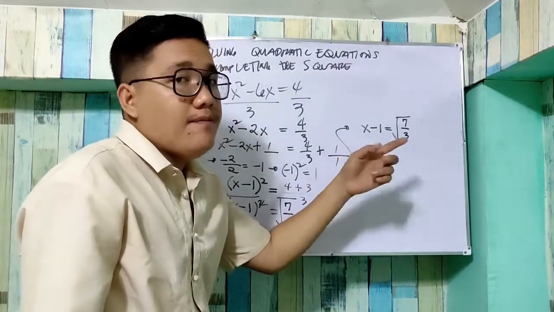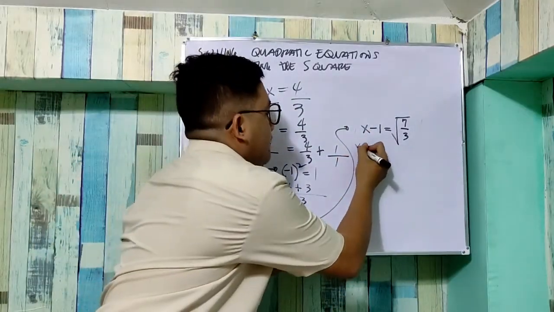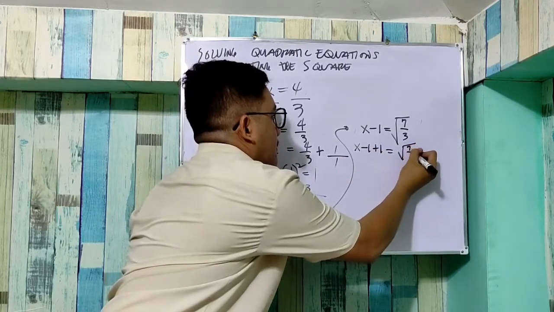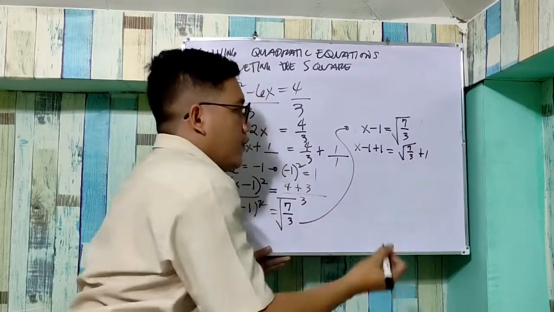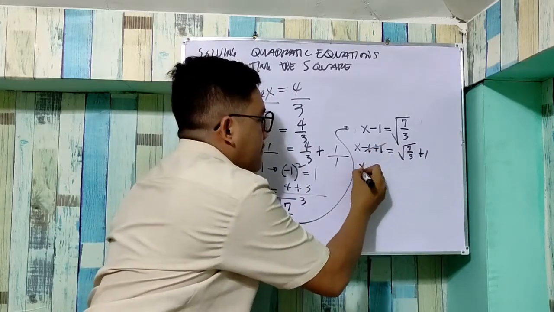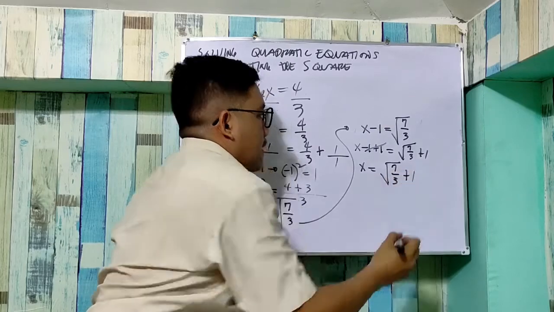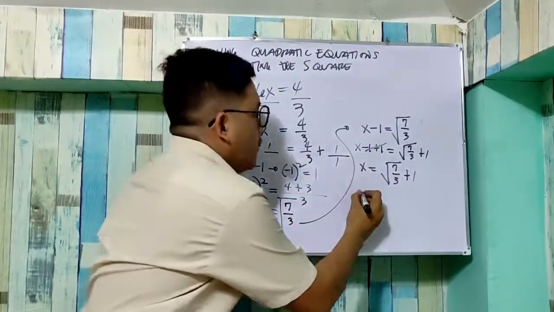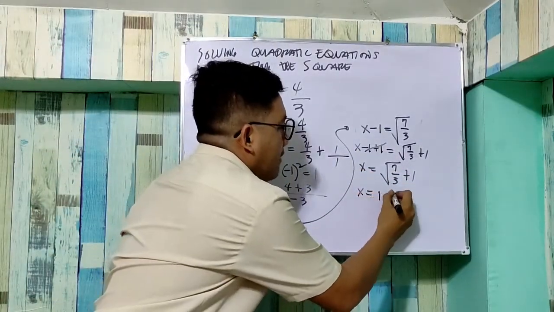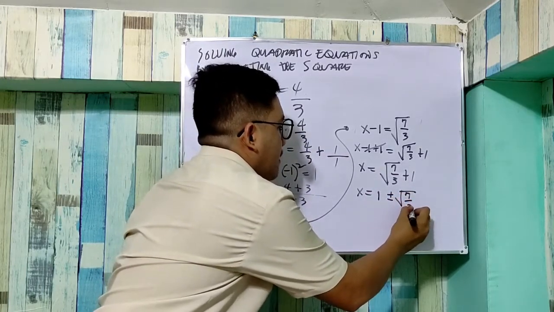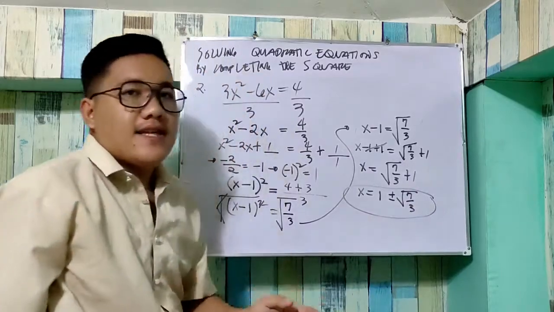Since negative 1, add positive 1. So, we have now, cancel. Let's swap their positions. So, we have 1 plus or minus square root of 7 over 3.